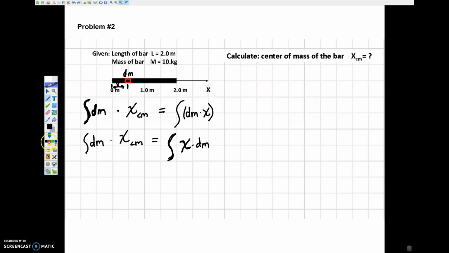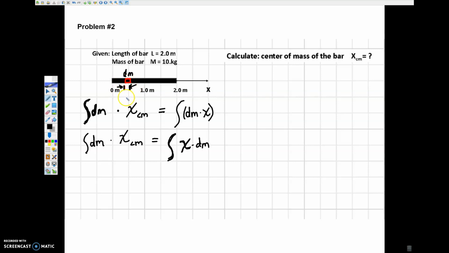But we don't like to integrate over dm's. We like to integrate over dx's. Each little dm corresponds to a little change in the length of the object.